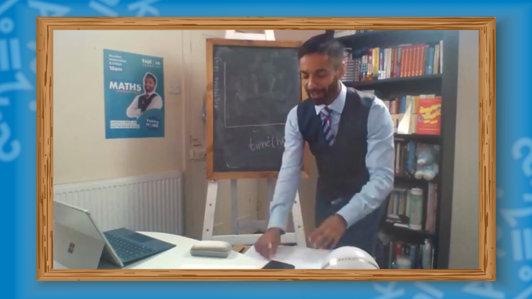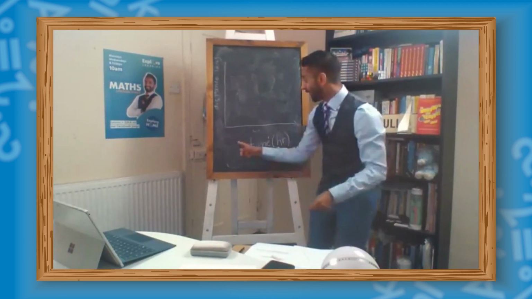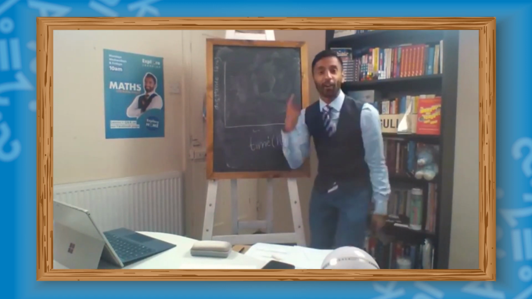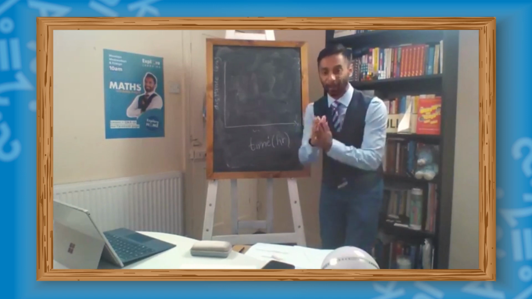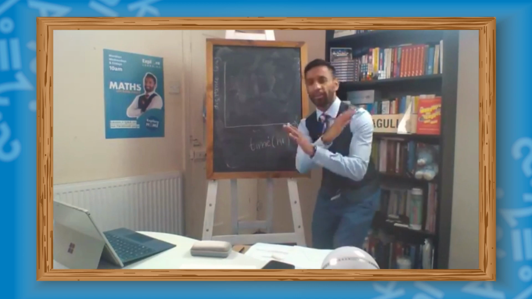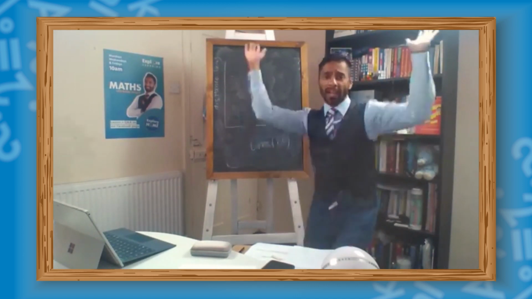So the little way I've got for this is, time is independent, time is on the x-axis, distance is dependent, distance on the y-axis. We'll do that again a couple of times, all right? Time is independent, time on the x-axis, distance is dependent, distance on the y-axis.